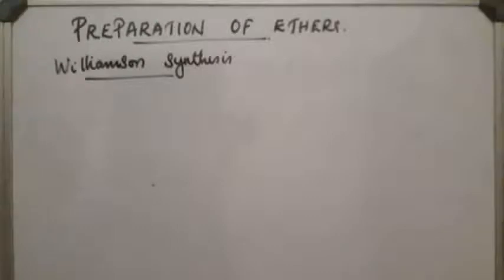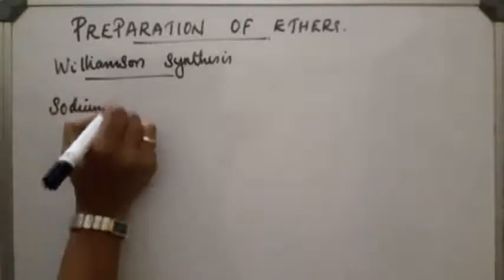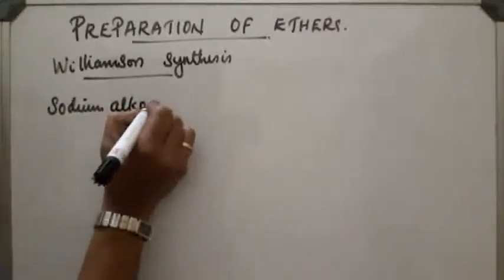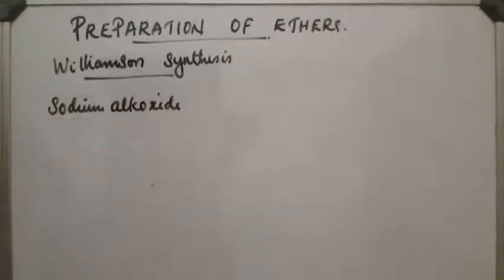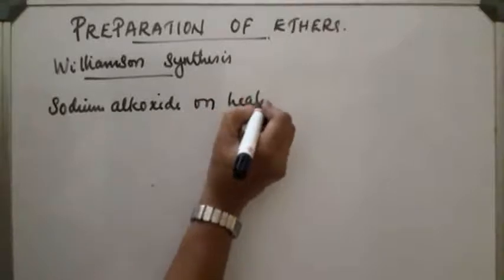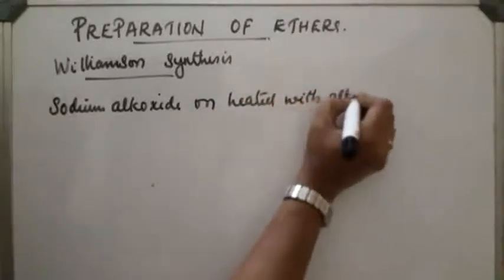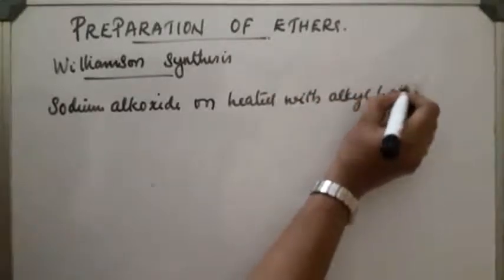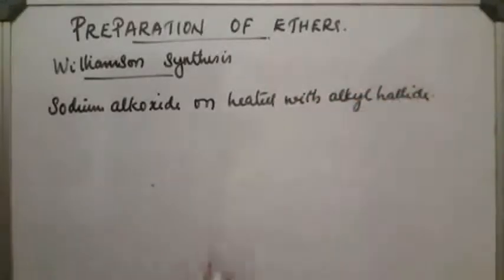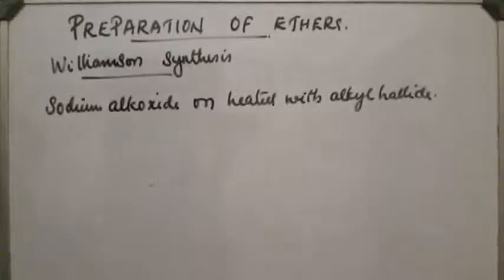In this method, the reaction takes place when sodium alkoxide is heated with alkyl halide. Ether will be obtained. So, ether can be obtained from sodium alkoxide and alkyl halide. This process is known as Williamson's synthesis.